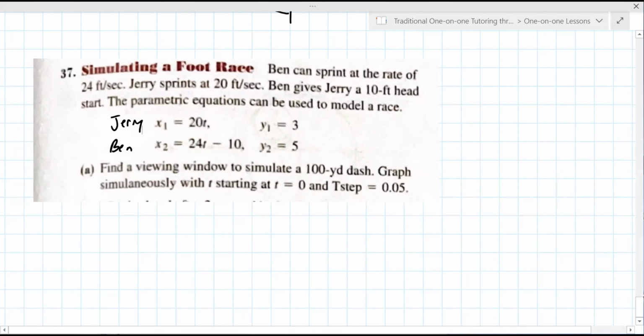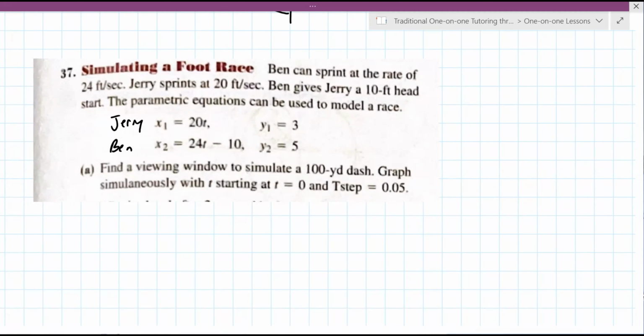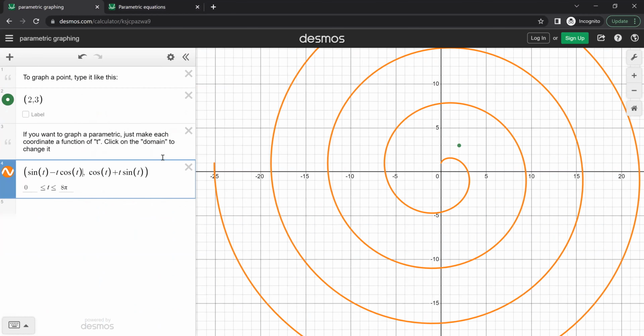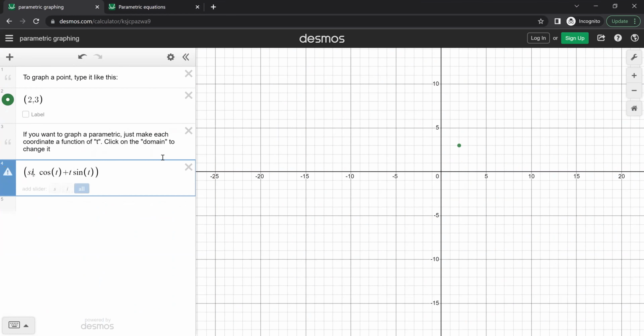Let me just go to that other window. Maybe something will stand out to me when we graph it. I prefer this one. It's got less stuff going on. So this is 20t, comma 3.